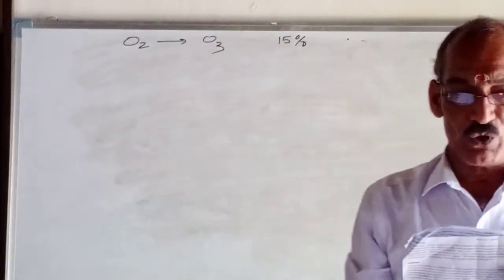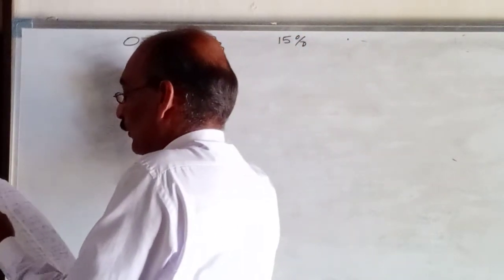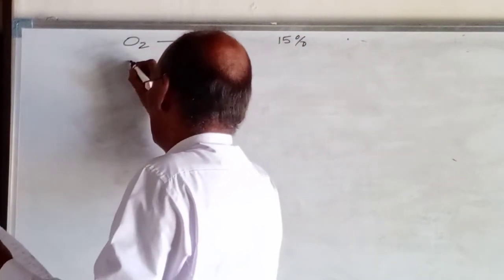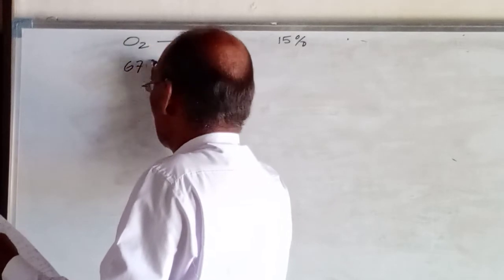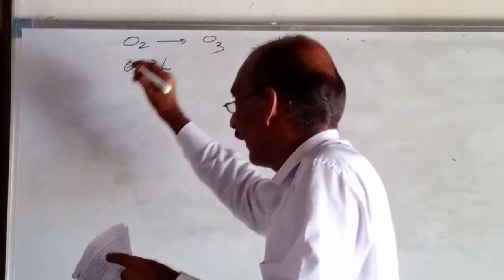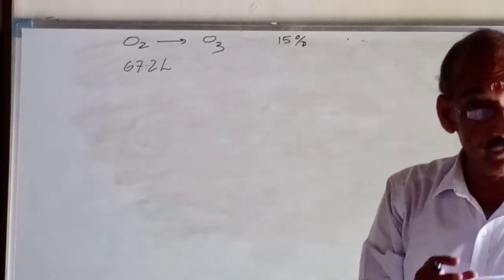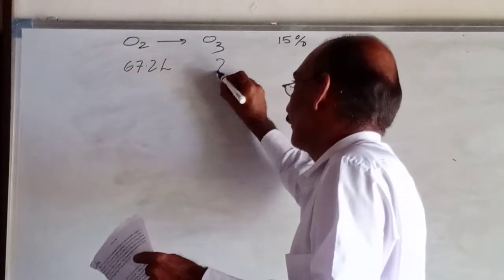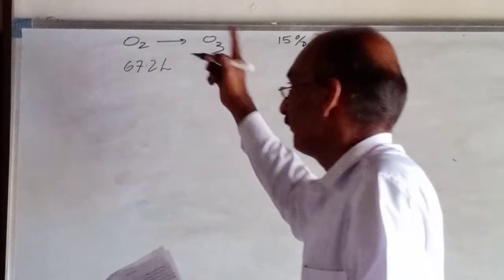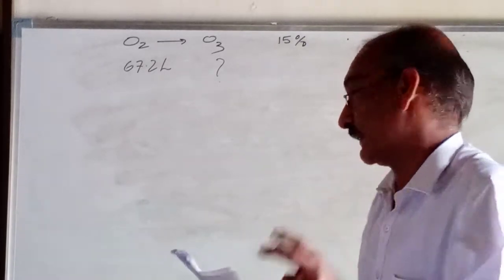The mass of ozone that can be prepared from 67.2 liter of oxygen. If so, from this 67.2 liter oxygen, we have to find out the mass. That means the mass of ozone that can be prepared. How much quantity of ozone can be obtained from this amount of oxygen, 67.2 liter.